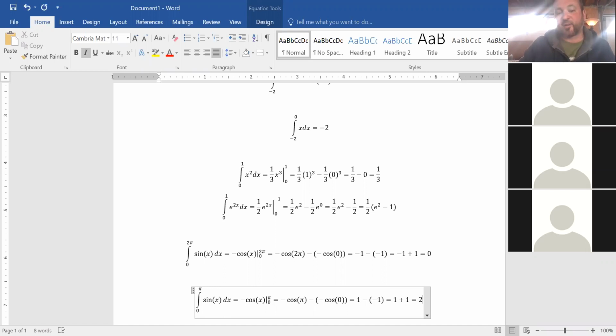So the area underneath sine of x from 0 to pi has an area of 2. And that means from pi to 2 pi, that space must be negative 2. Because when we looked at all of them added together, it came out as 0.